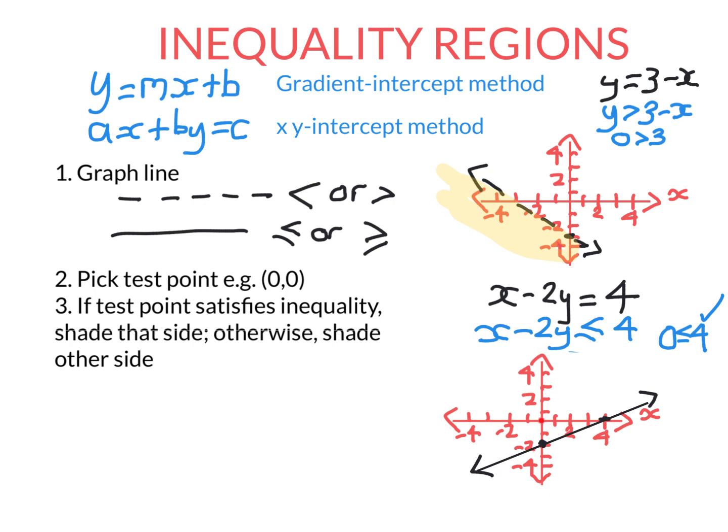So I'm going to shade the side of the line that contains 0, 0. I'm going to shade all of these points here. So once again, we are shading all of the pairs of values x and y that satisfy this inequality. Any point in this region, for example, the point 0, 4, would satisfy this inequality. There are infinitely many such points.